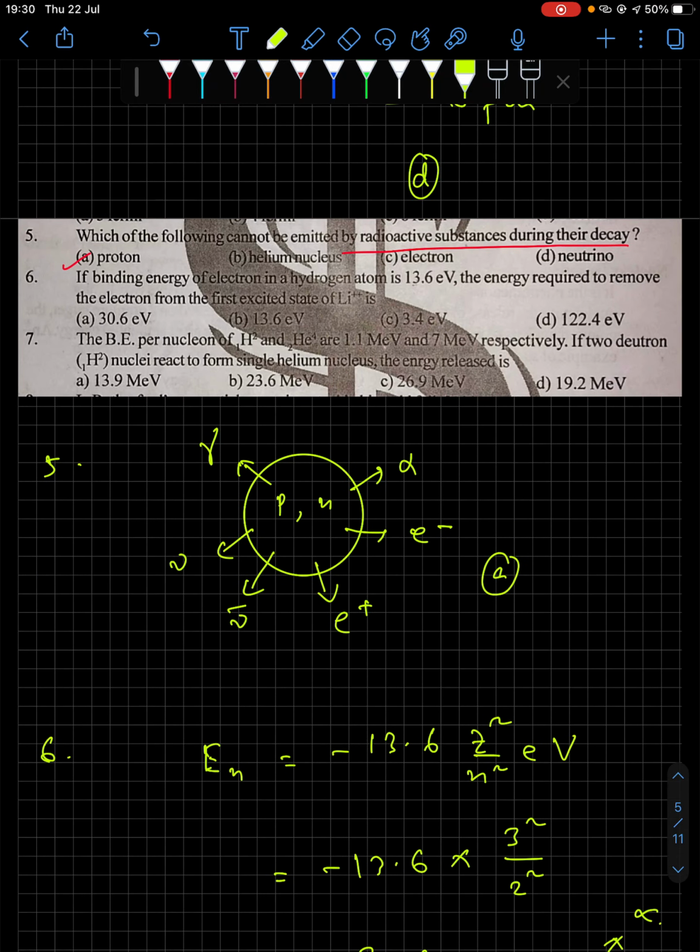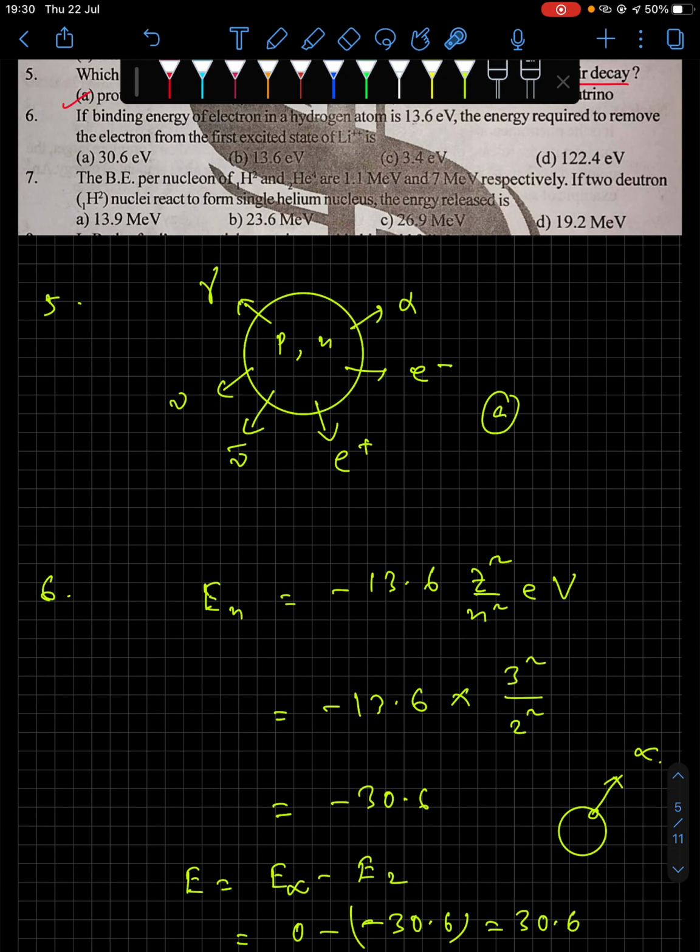Number 7. Binding energy per nucleon of H2, hydrogen 2 and helium 4 are given, 1.1 and 7. Mind it is binding energy per nucleon. So now 2 deuterium combine to give you 1 helium nucleus.